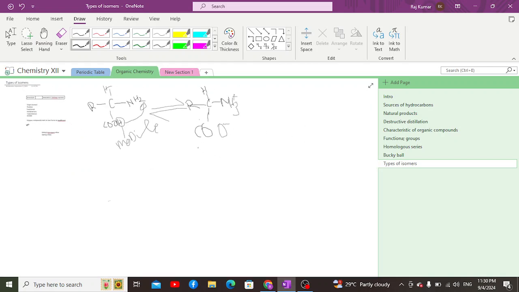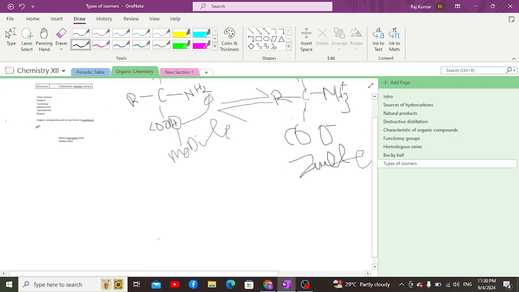This is how a zwitterion is formed, and these two forms are known as tautomeric forms.